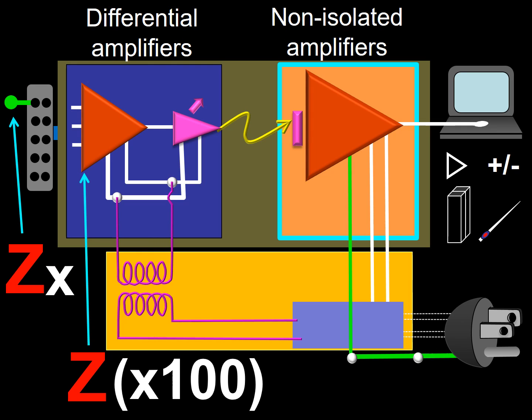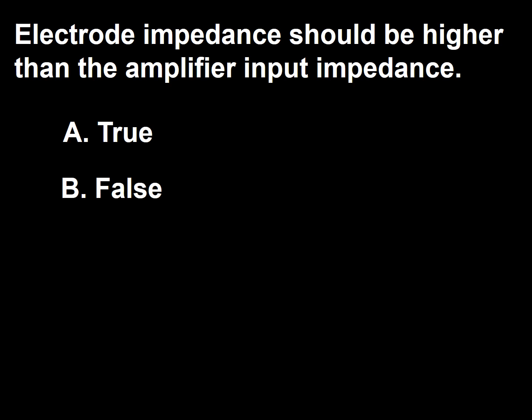I have shown you this diagram before when I talked to you about electrode impedance. It simply states that if the impedance of an electrode is X, the input impedance of the amplifier should at least be 100 times X. So the answer to this question is false.